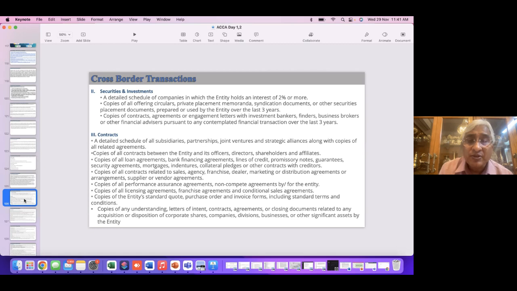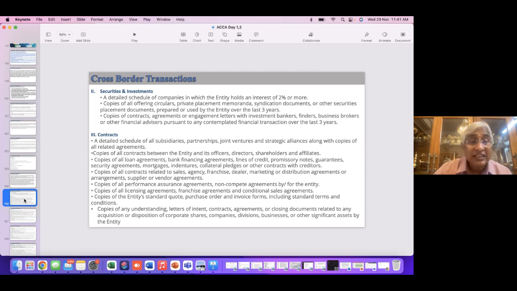Copies of all contracts between the entity and its officers, directors, shareholders, and affiliates. Copies of loan agreements, bank financing agreements, lines of credit. Because here again, RBI may step in, because RBI may want to know the purpose of such transactions and how such transactions are impacting the entity. They can also be a party to such transactions.